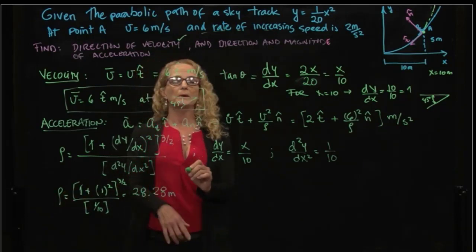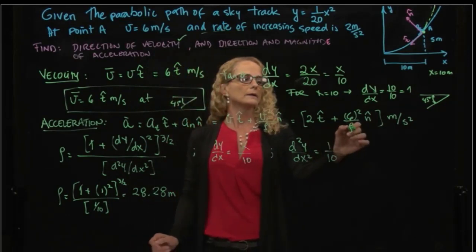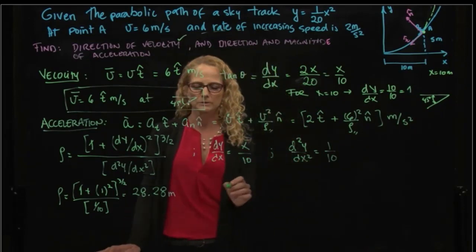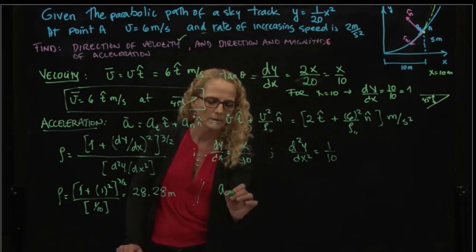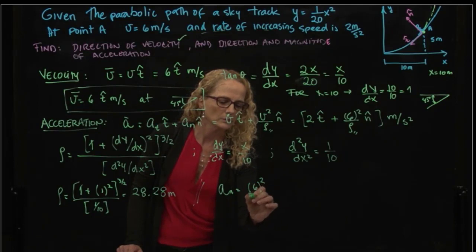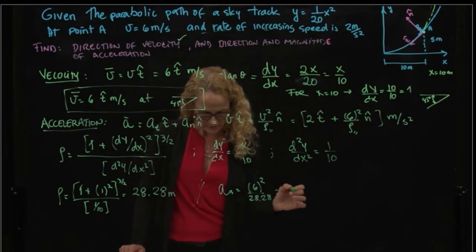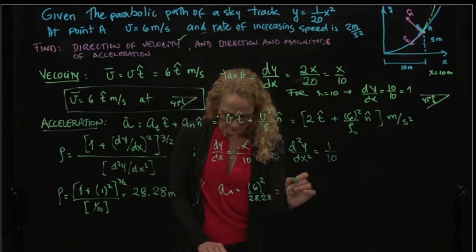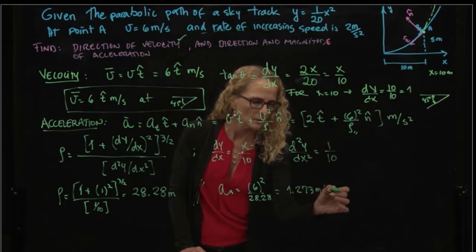So this is our radius of curvature that we will plug in to find the only unknown we have left. So our normal component of acceleration, which is the velocity squared over 28.28, equals 1.273 meters per second squared.